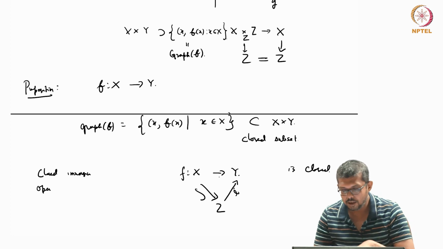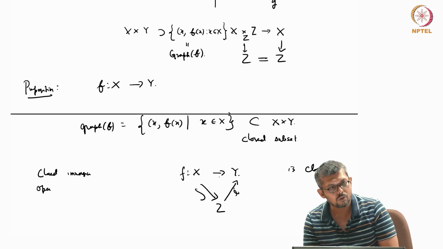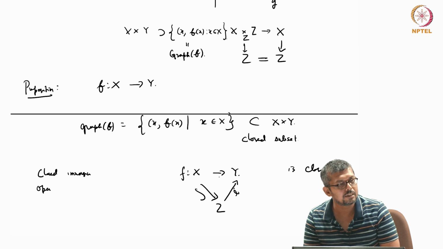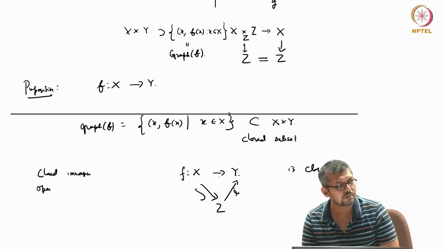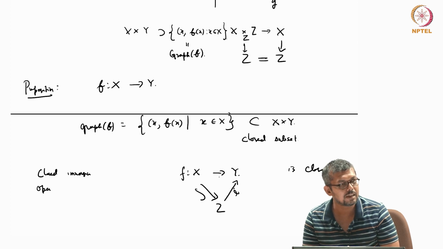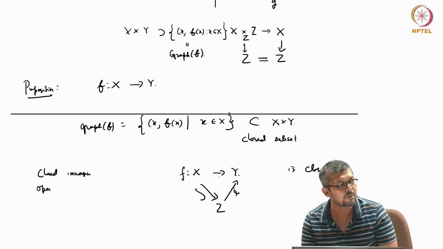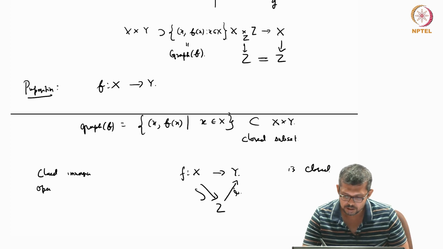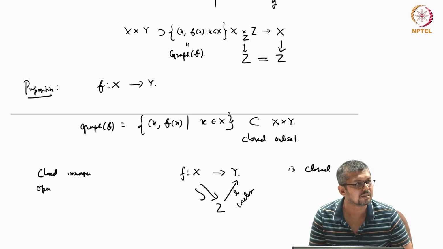That means this map is injective, and not only injective, the image is a closed subset. Then you say it is a closed immersion. And if it is injective and the image is an open subset, then it is called an open immersion. Here i stands for the inclusion map, Z is nothing but the image, and this is an isomorphism. That is how you define closed immersion and open immersion.